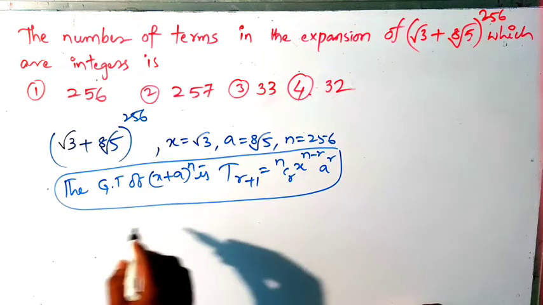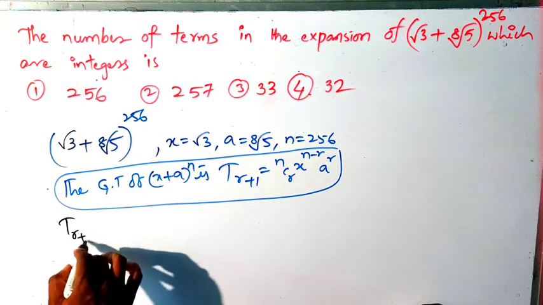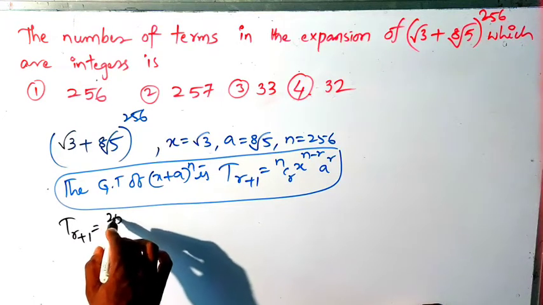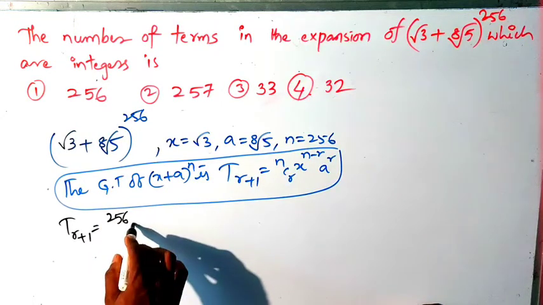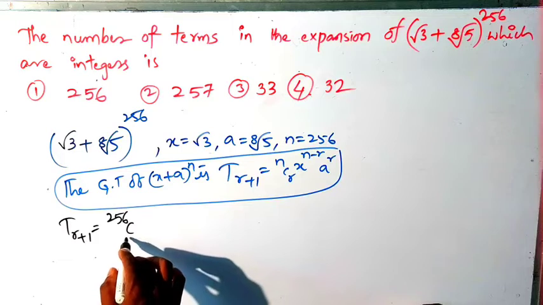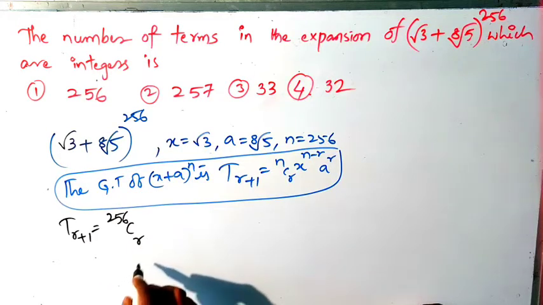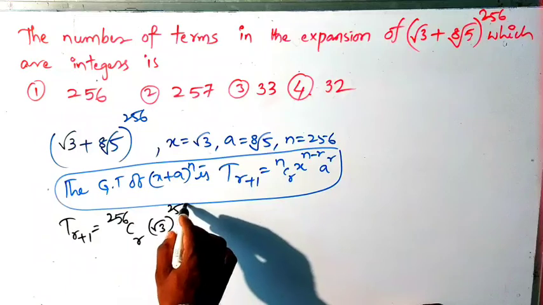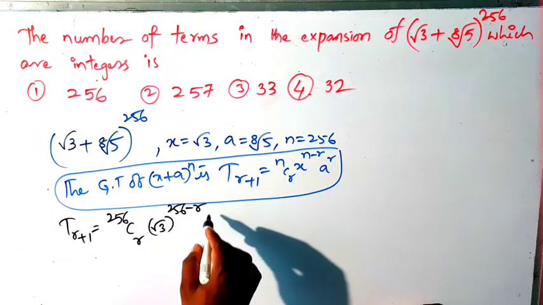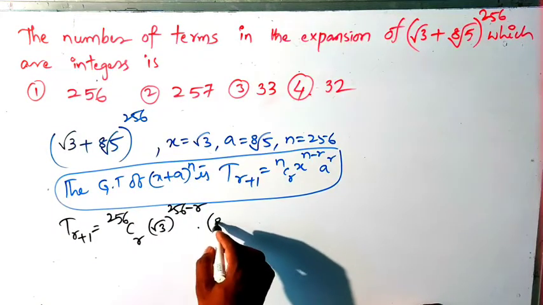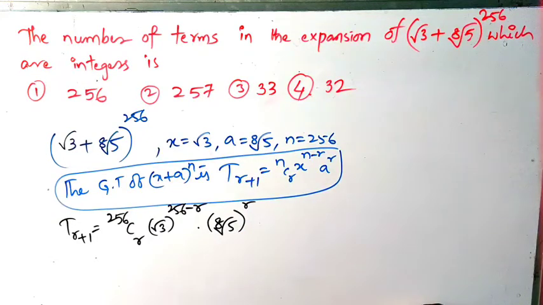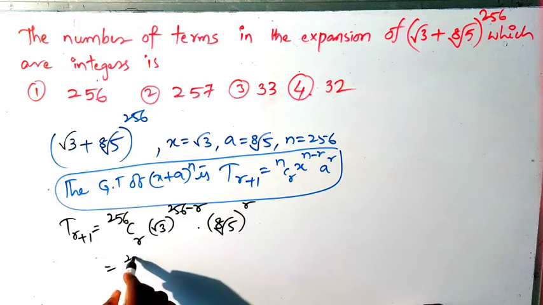Now we substitute: T(r+1) equals nCr. What is n? 256 is n. So 256Cr as it is, then x is root 3 whole power of 256 minus r, and a is 8th root of 5 whole power of r.